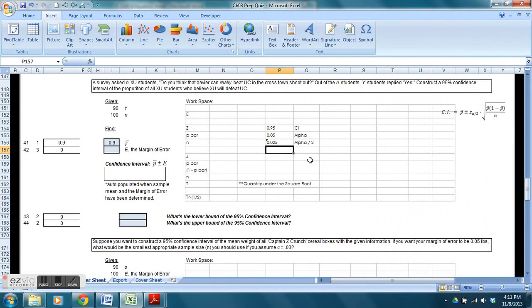We've already done this 100 times though for a confidence interval of 0.95. Our z value is 1.64, and you can look that up in the z table and confirm it. So our z value is known, and our p bar value is known, and our n value, number in our sample, is known.